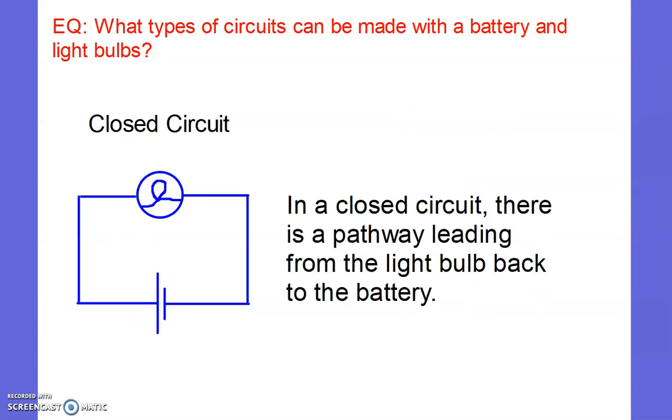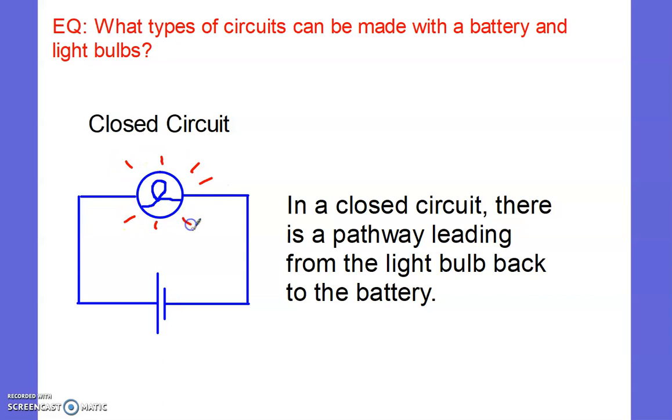Now, as we connect these, we have really two types of circuits. We have a closed circuit, and in a closed circuit, there is a pathway from the device, such as the light bulb, directly to the battery. Whenever you have each side of a light bulb in contact with a different terminal of the battery, then the light bulb is going to light up.